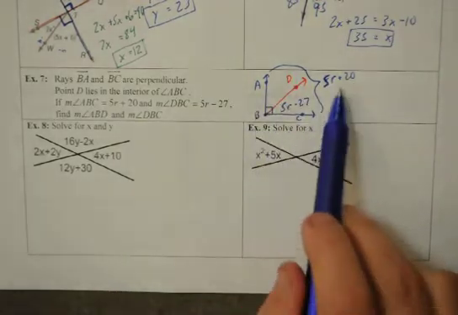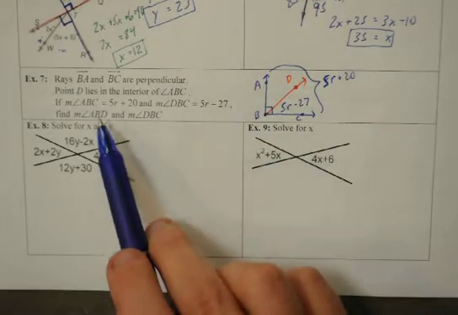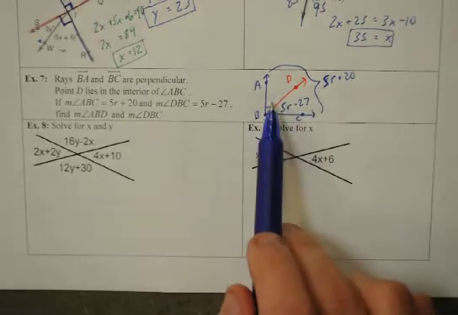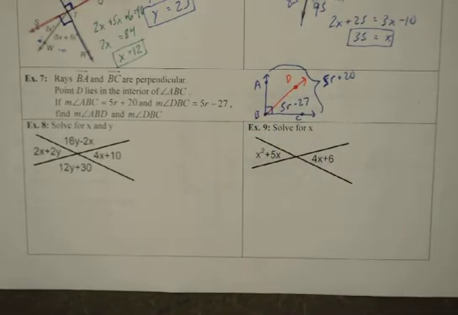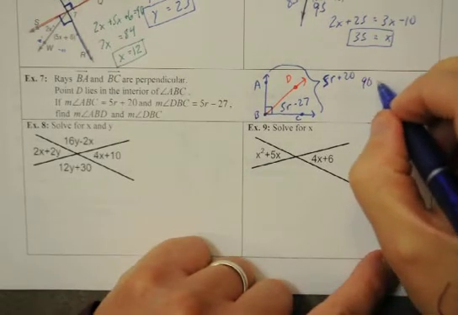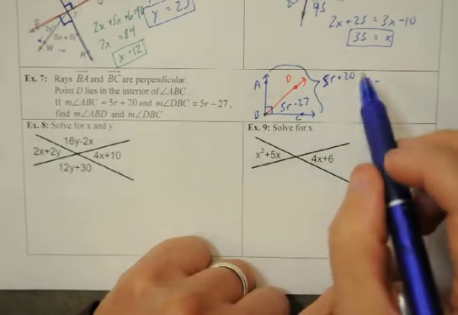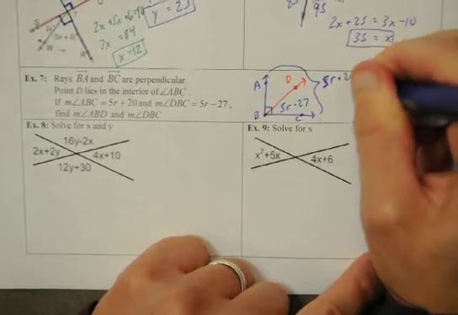We can use this information to solve for this angle right here. And how are we going to do that? Here's what I know. If I start with 90 and I subtract this angle, I'm making that way more complicated. Let's stop that.